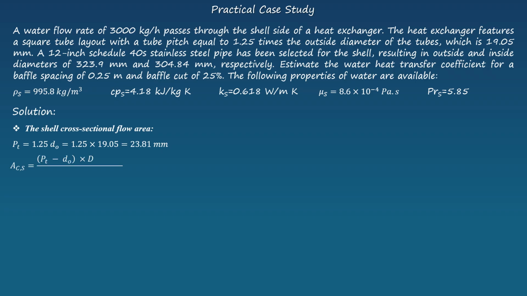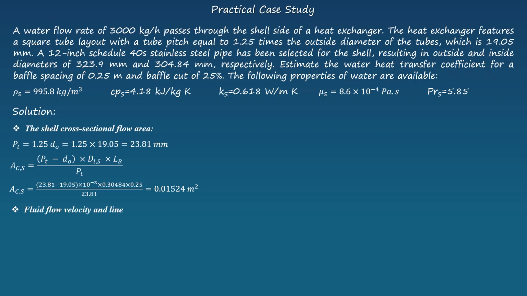We have the cross-sectional area, depending on the baffle spacing, inside diameter of the shell, outside diameter of the tube, and the tube pitch layout. Then if we substitute these values, we will get a value of the cross-sectional area to be 0.01524 meters square.